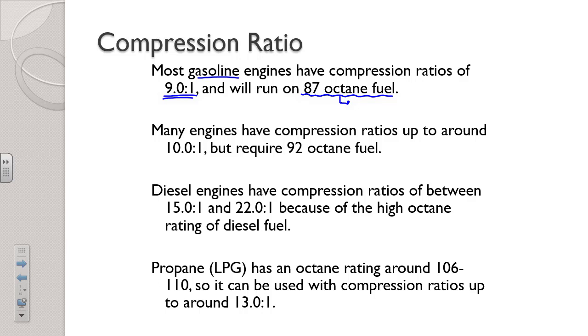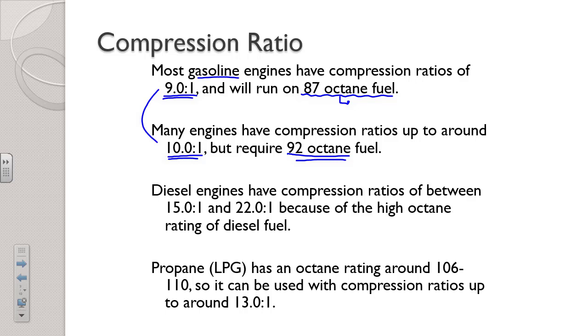Now, if we go up to about a 92 octane fuel, that fuel is a little bit more squeezable. It can handle some higher temperatures. Those engines are up around 10 to 1. And again, these aren't strict rules, but approximations. It depends a lot on engine temperature, your engine timing, what kind of load the engine is under, and a lot of other factors. But gasoline is around 9 or 10 to 1 for the typical range of pump gas.